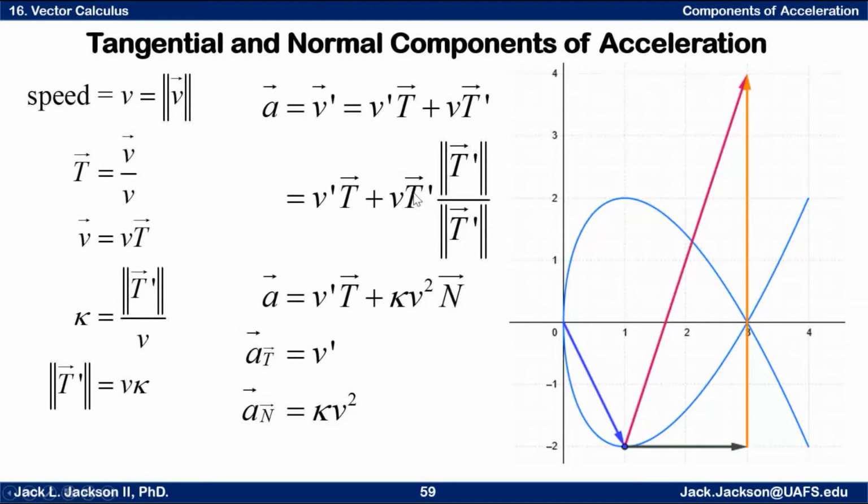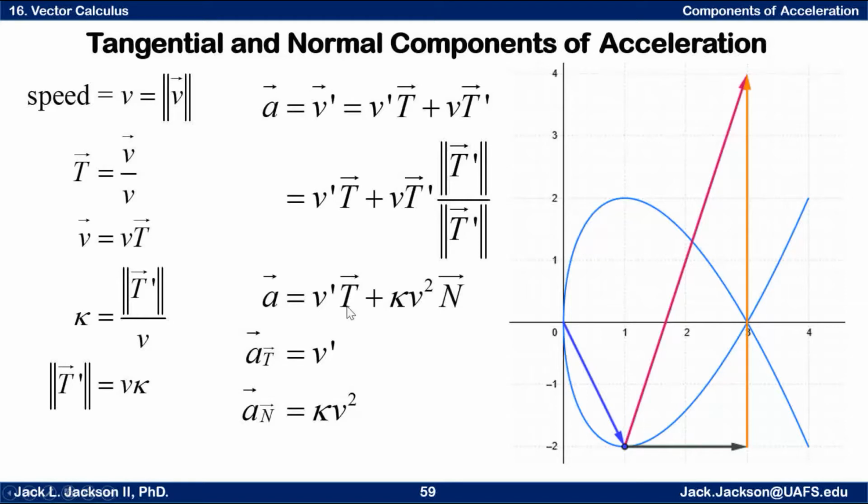But this T prime over the norm of T prime is our unit normal vector, N. And then this expression here, the norm of T prime, is v kappa. That is the speed times the curvature. So I replace the 1 in the top by v kappa, and this T prime divided by the norm of T prime by the N vector. So the speed times the curvature times this speed gives us the curvature times the speed squared.